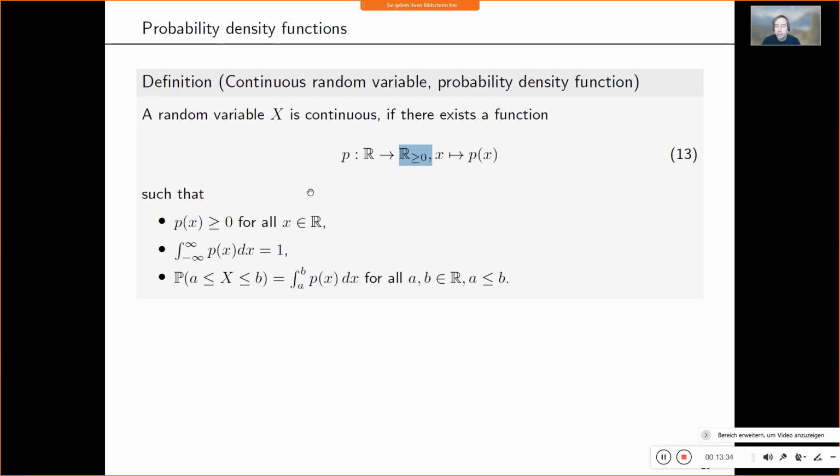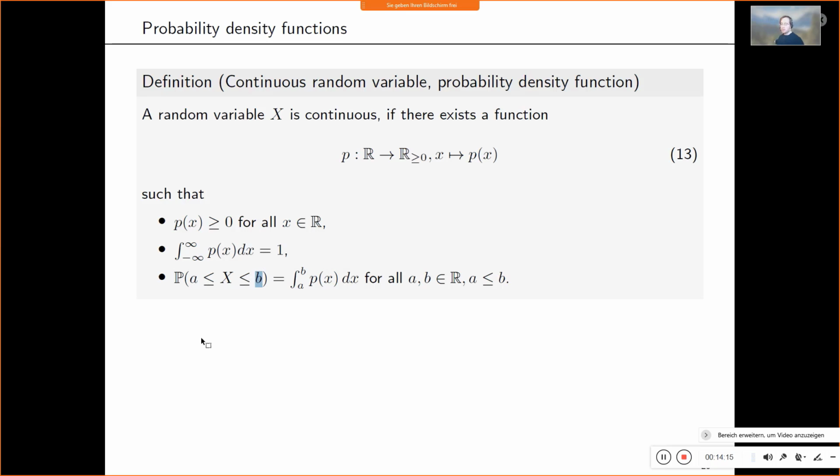Importantly, the integral over the real numbers of such a function is 1. This is also referred to as probability density functions being normalized, and the probability that x takes on a value between two real numbers, a smaller or equal than b, is given by the integral of the probability density function over this interval, which is lower bounded by a and upper bounded by b.